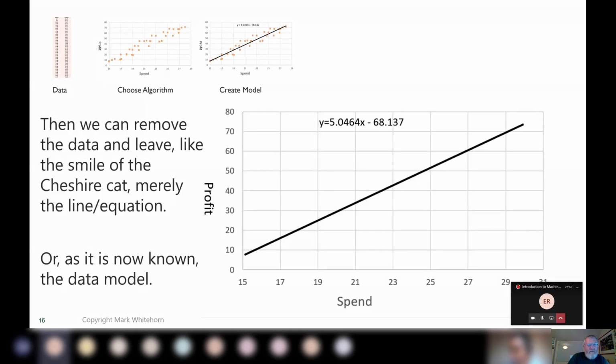Then what we can do is essentially remove the data, and that leaves behind just the model. And that's quite an important point, that actually what we want from all of this is just the model. And in fact, what we want is just that equation.